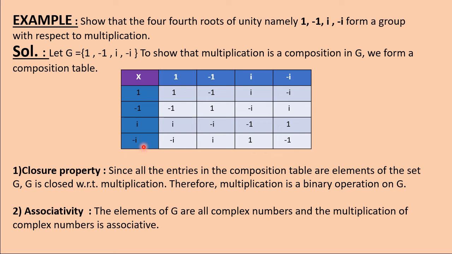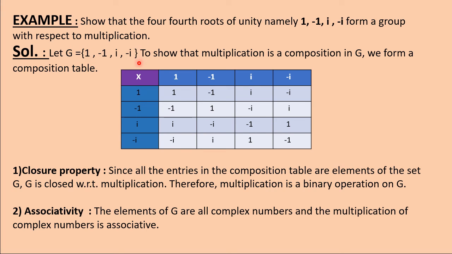Now for inverse of minus I we have I, that is minus I into I is equal to 1, which is the identity element. So we see that inverse of all the elements exist in this table. So we can say that G is a group with respect to multiplication.